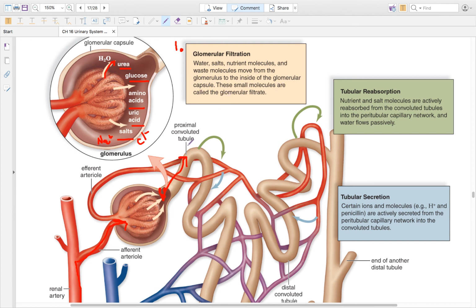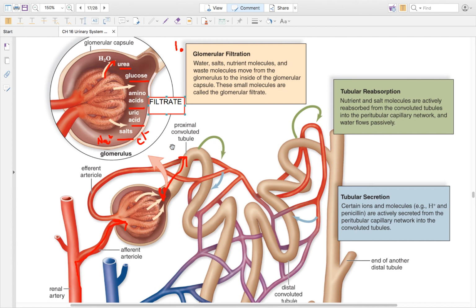And this mixture, all of this stuff right here, is referred to as filtrate. It now has a new name because it's unique.